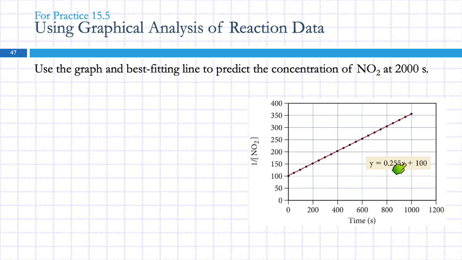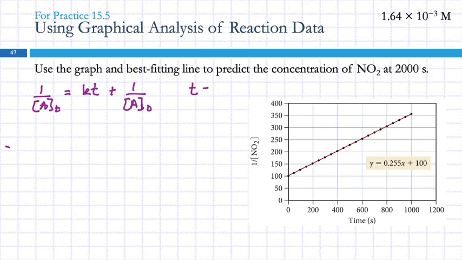So when x is 2,000, what is the value of y? We're looking at 1 over A at time t is equal to kt plus 1 over A0. So t equals 2,000 seconds. That's what we're asked to find.